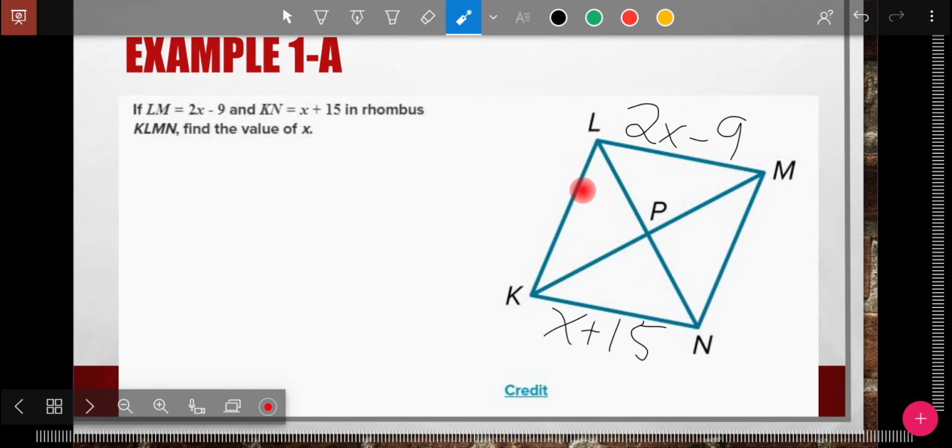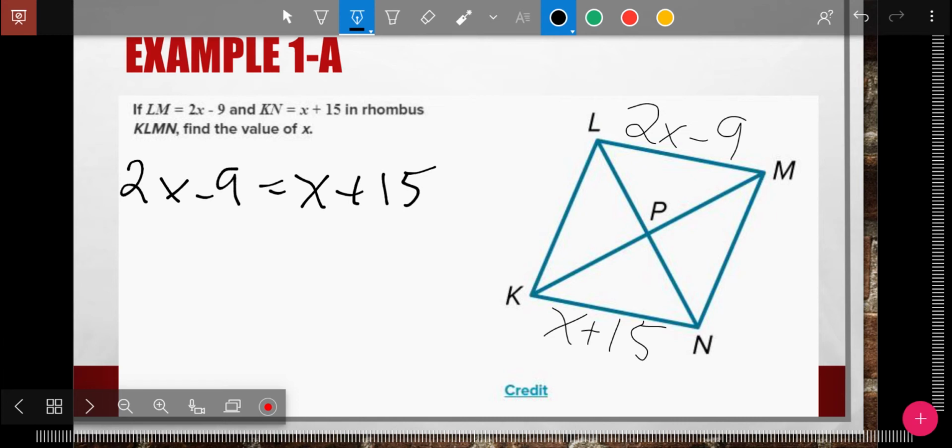It says 4 congruent sides, which means all the sides are congruent, so this side and this side are congruent or equal. Or you could think of it as a parallelogram where opposite sides are congruent. Either way, I'm going to set it up as 2x minus 9 equals x plus 15 because the sides are congruent.